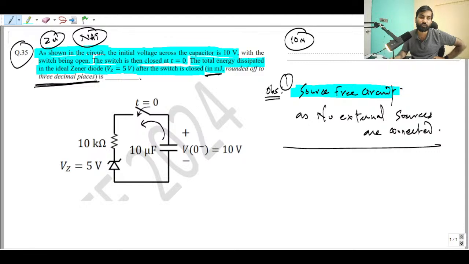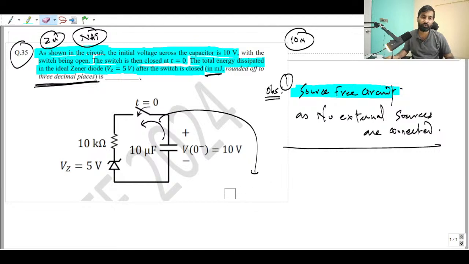So this current is going to be what? As we know, we can model it. The current which is going to flow in this direction is going to be considered as the Zener current also, right? So this Zener current is going to be, you can say, 10 minus, or simply you can take this as the capacitor current.